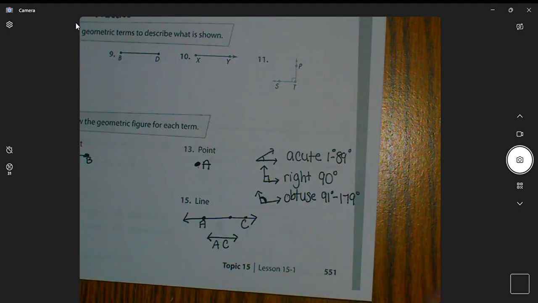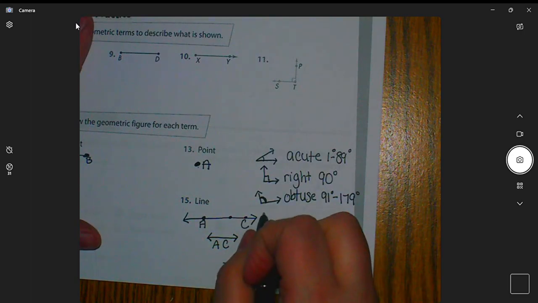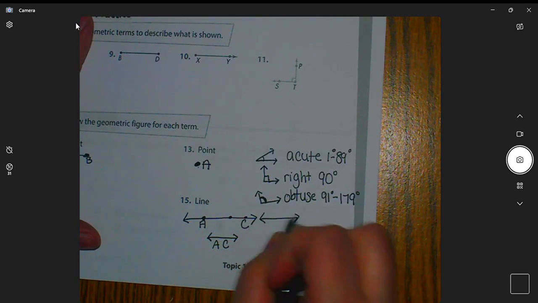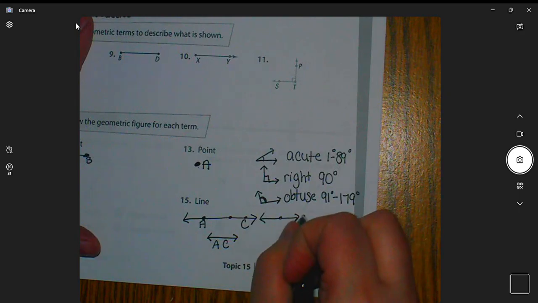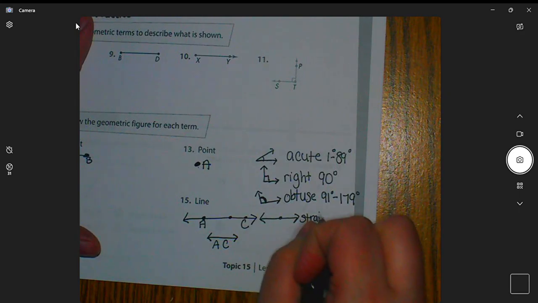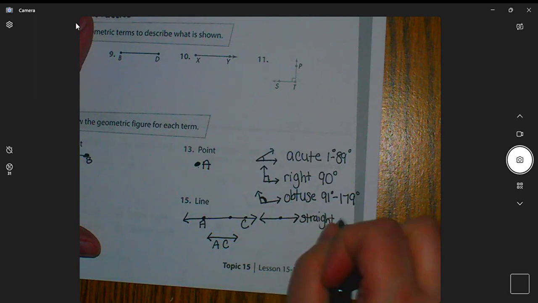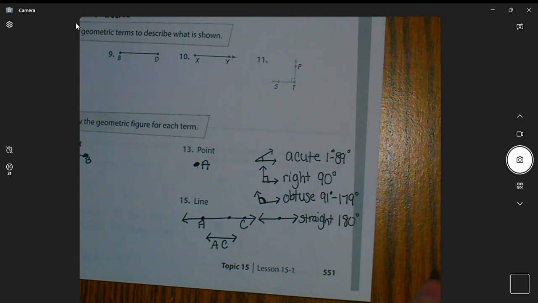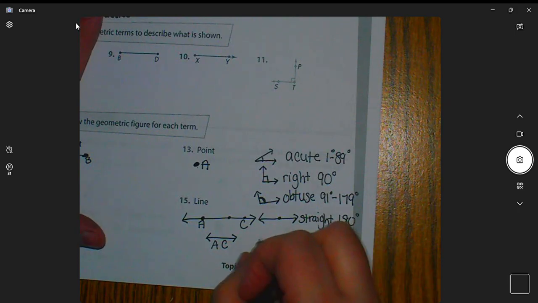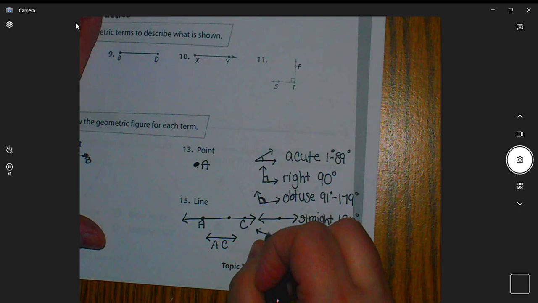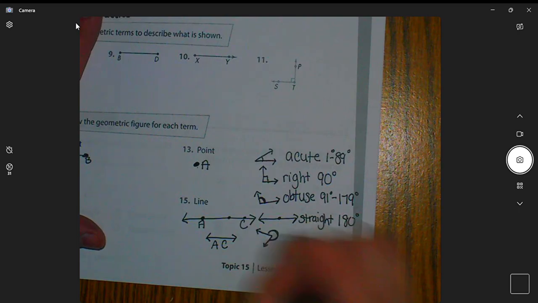And then, just like my straight line, I have a straight angle, and it measures exactly 180 degrees. And then I have one more type of angle that we learn about, and it's called a reflex. And a reflex is the outside of the angle.